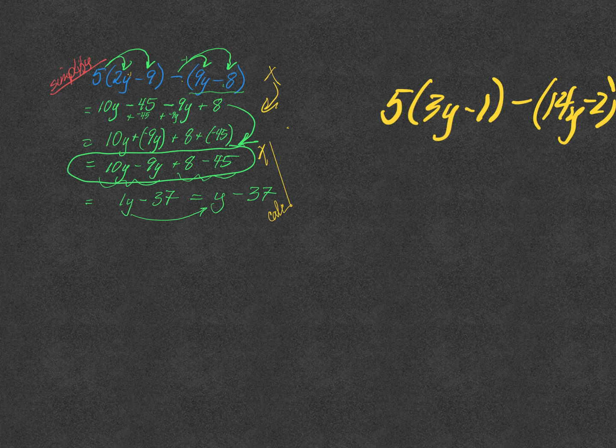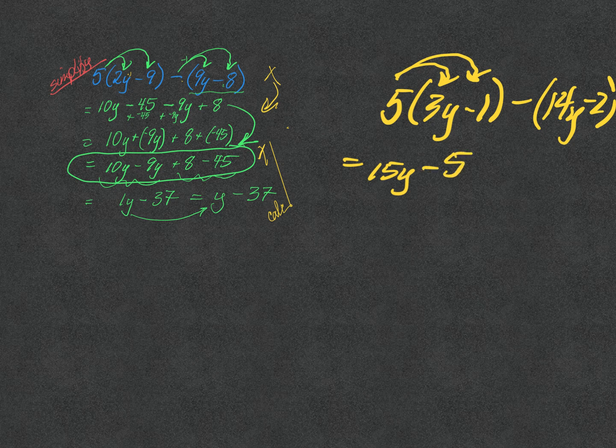All right, now you're back, so you probably have simplified it. Let's go through this. The thing I notice is a distributive property here, so I'm going to take 5 times 3y, which is 15y, and then 5 times negative 1, which is negative 5.